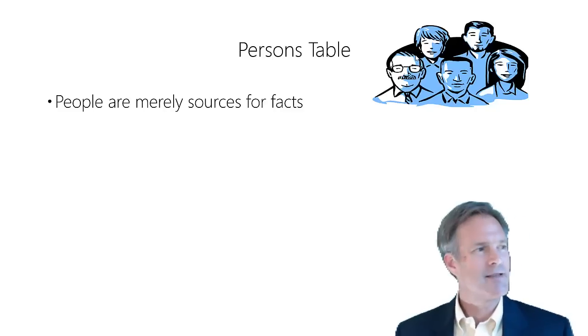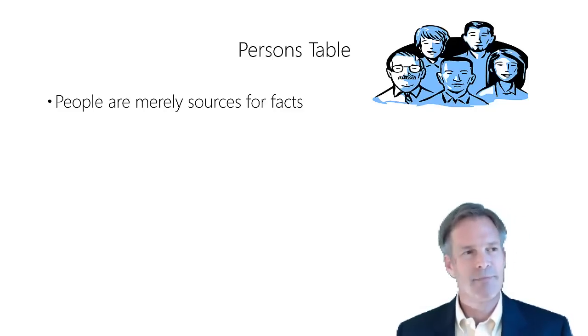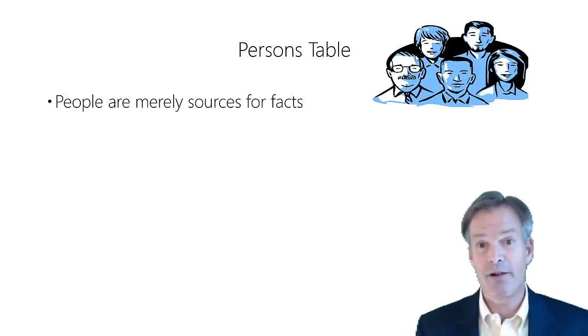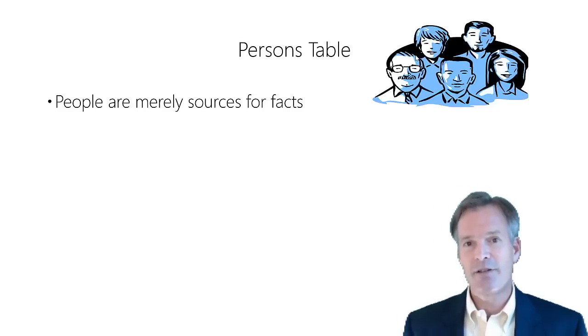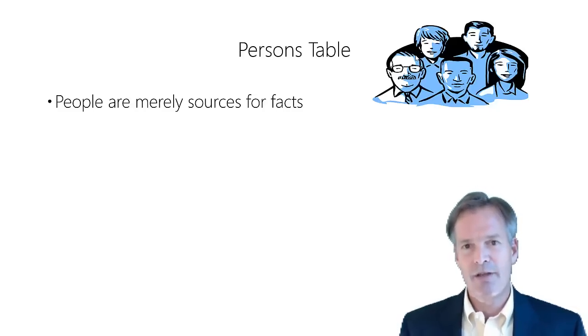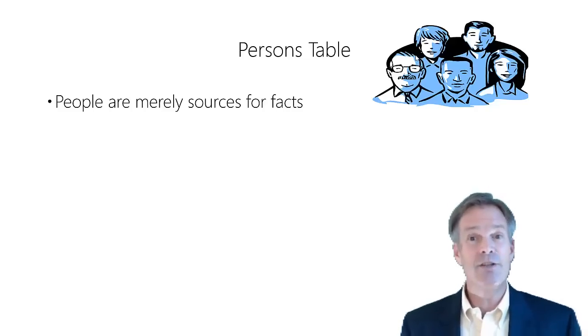Now, I hate to sound so callous about human beings, but as far as cases go, people are merely sources for facts. They are not an end in themselves. They are a means of getting and proving facts. You don't care about Jane Smith. You care that she is a witness that saw the defendant speeding, so she serves that end in your case.